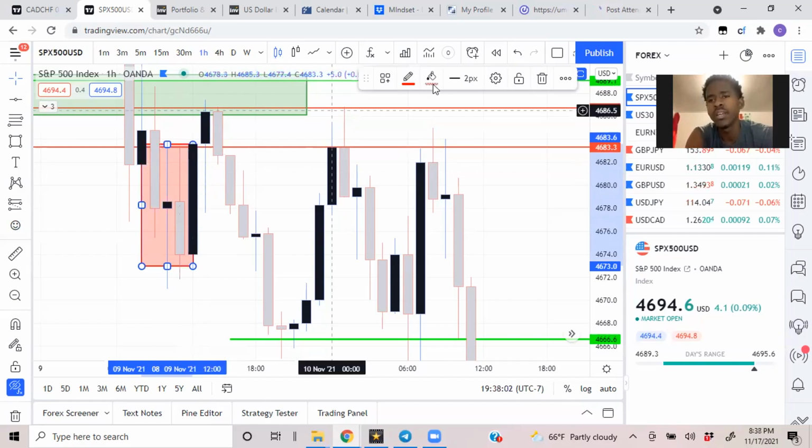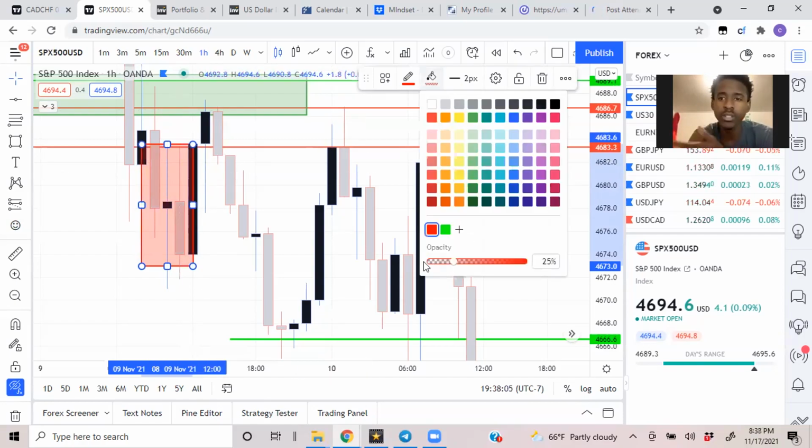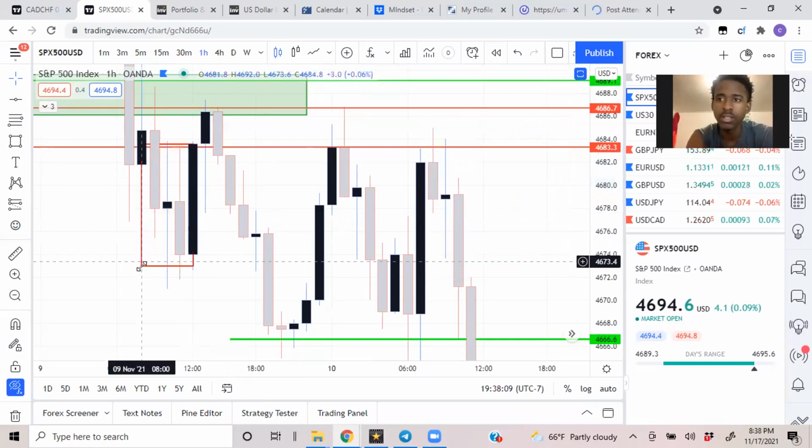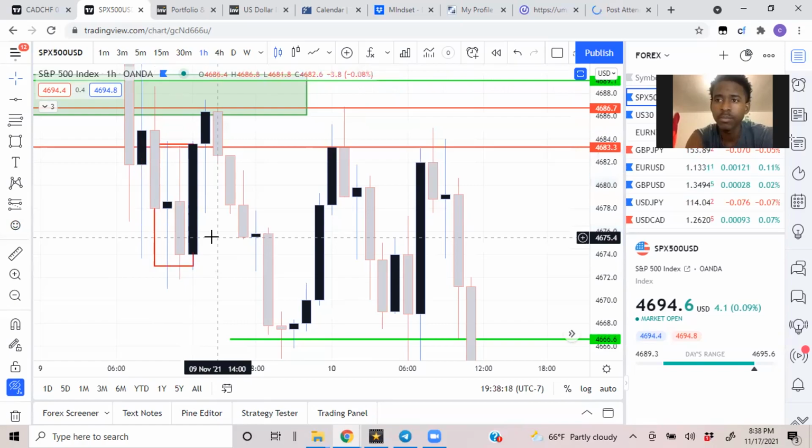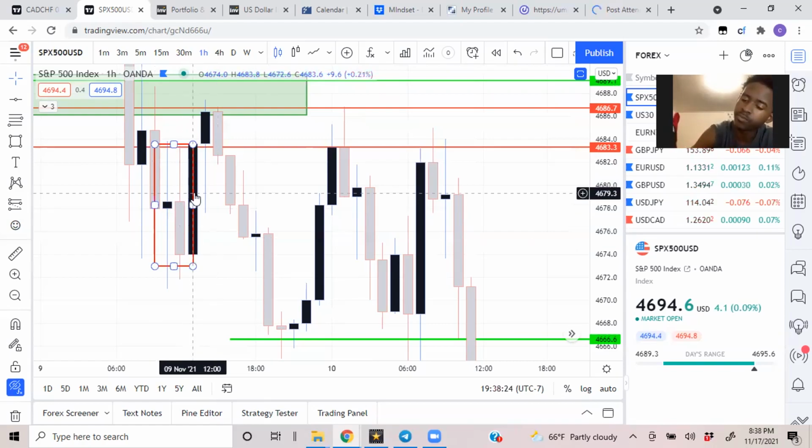So is it for sure going to fill in where the wick is? I would say this: it's not really a matter of if, it's more so a matter of when. Because in most cases, it does come back in and fill in those wicks.